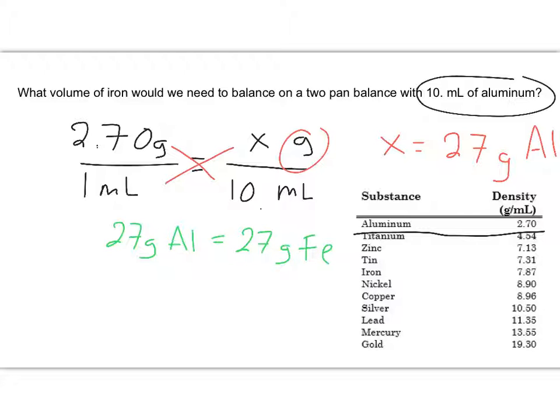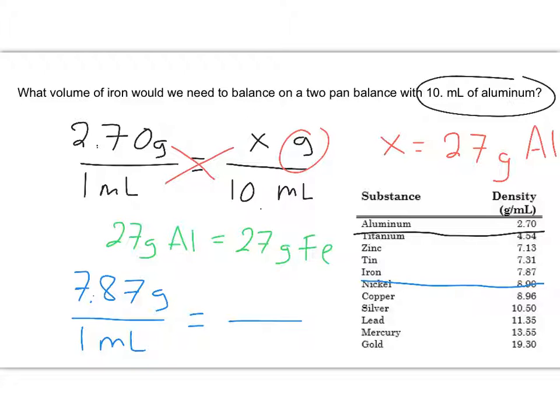It won't balance otherwise. So our final step is now we need to get from 27 grams of iron to volume. So we know for iron, the density is 7.87 grams for every 1 milliliter. Okay. And the density never changes for iron.